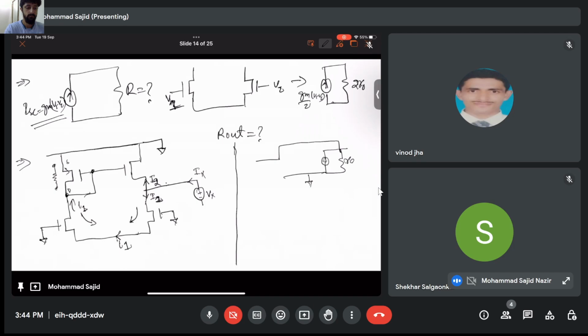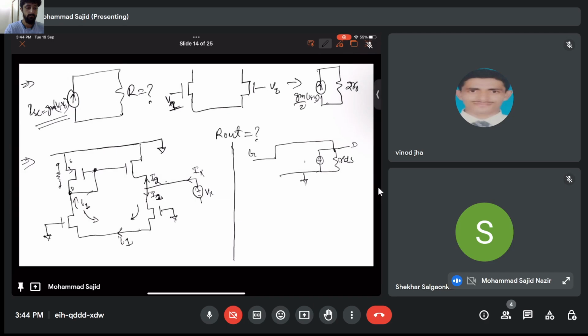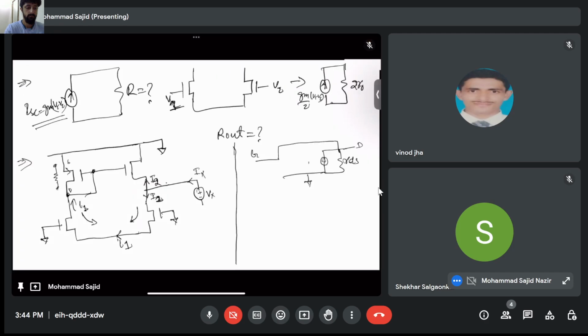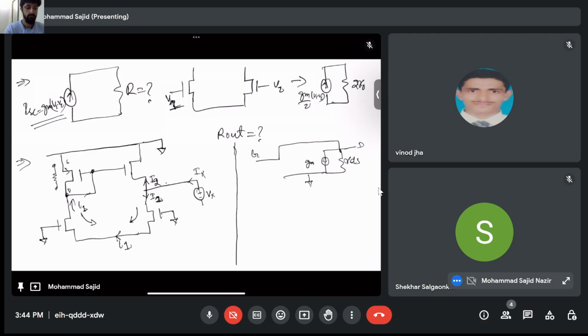This is RDS. This is drain, this is gate, and this is Gm. One second. VSG, the direction will be upwards. Sorry. Okay, so now we have to connect a test source here.